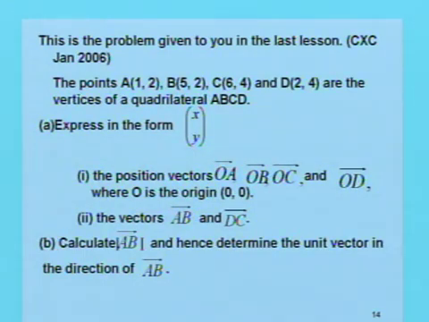Part A. Express in the form of a column vector (x, y): 1. The position vectors OA, OB, OC, and OD, where O is the origin. 2. The vectors AB and DC.